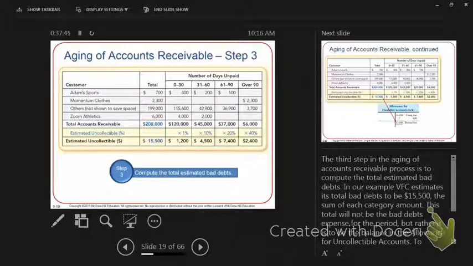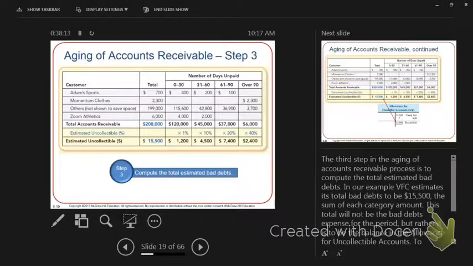Where does that total go on my T account? At the very bottom. That's what I wanted. I wanted the bottom because we're going to be given this number. This number here is the beginning balance. We don't have it. This number is the 15,500. We got a plug to get this number. This number is bad debt expense. That will go up there.